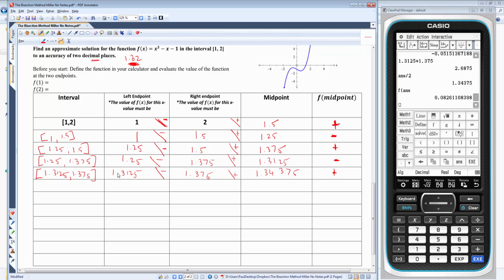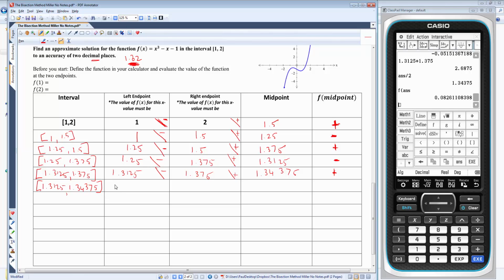Alright, so what we're going to do is we are deciding that the x-intercept is between this value here and this value here, because this turned out positive. So let's write up what our endpoints are. 1.3125 and 1.34375.